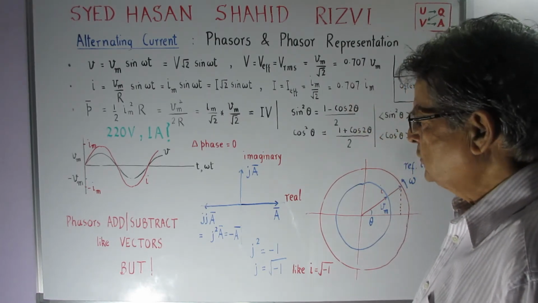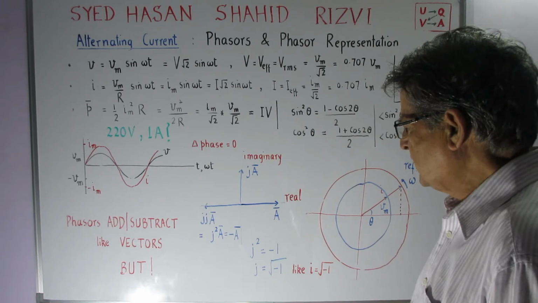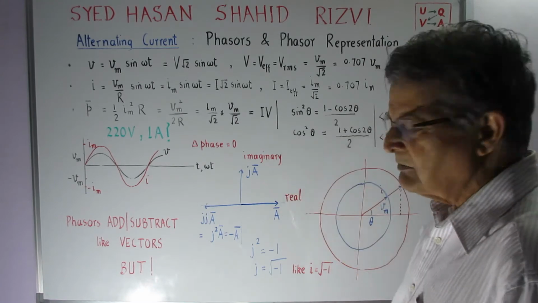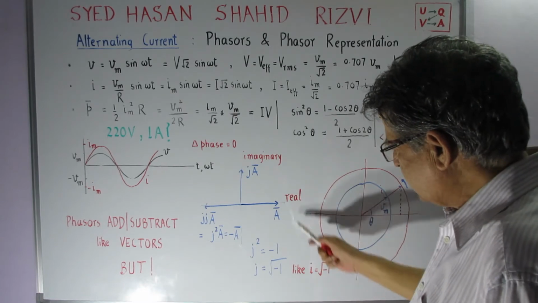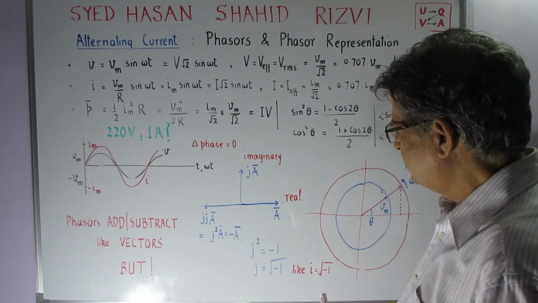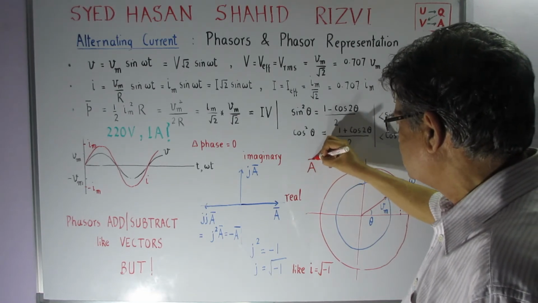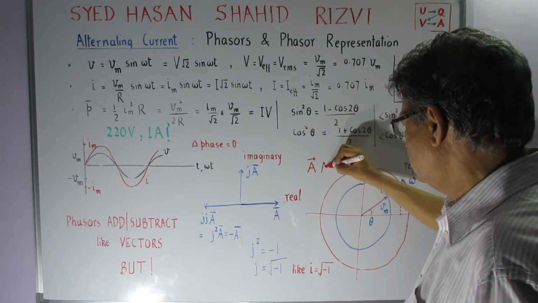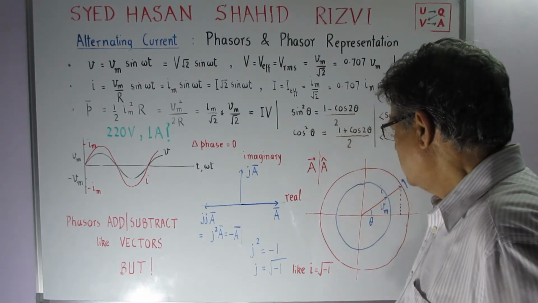So you see that I have just a phasor, Mr. A, maybe representing anything, we don't care, but they normally represent current and voltage, etc. You can see that here Mr. A does not have the two caps, the arrowhead or this kind of a cap, which is a sign of being vector.